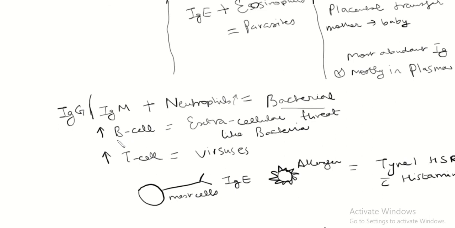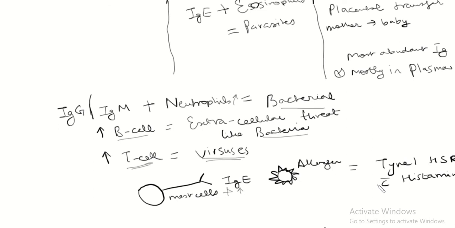If you have increased B cells, again, increased extracellular threats like bacteria. Increased T cells: remember, T cells or T lymphocytes are viral. So that's viruses.